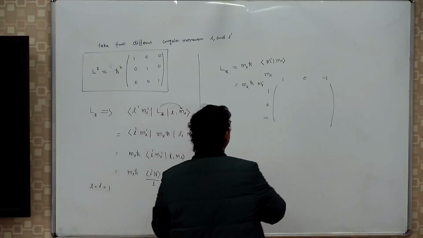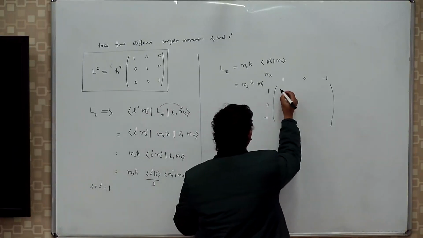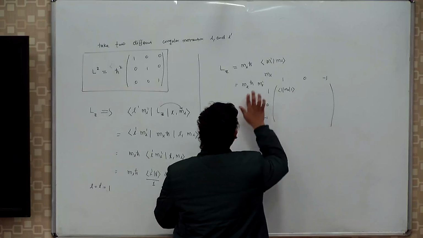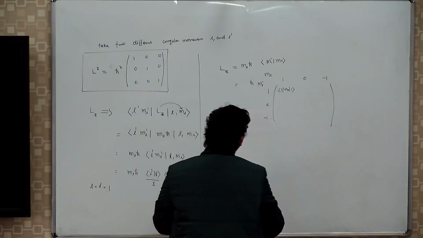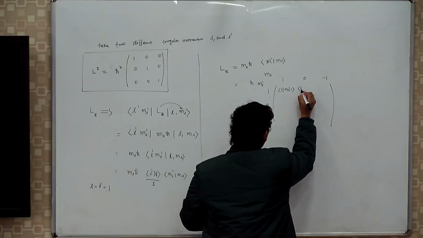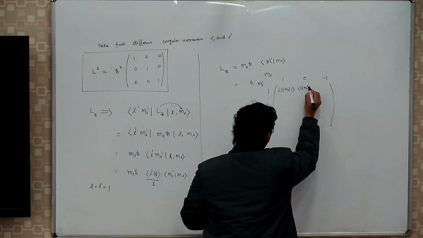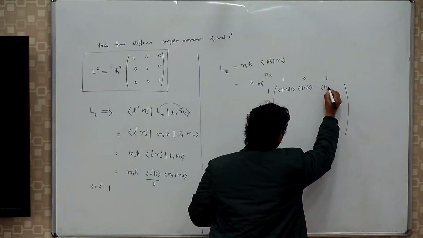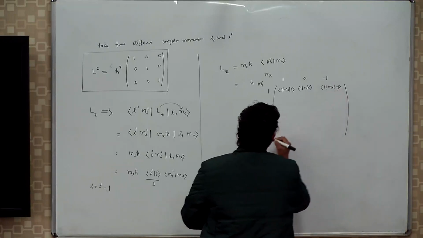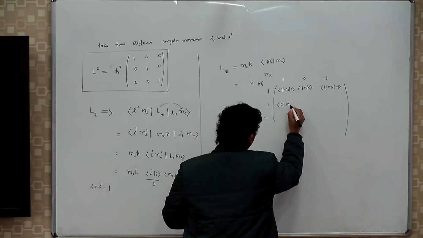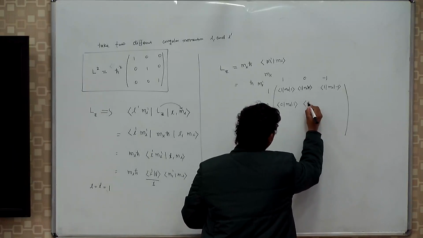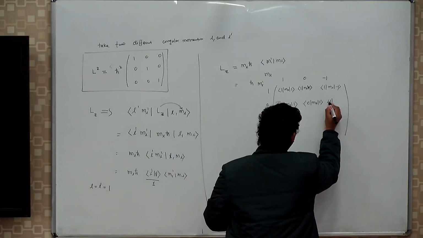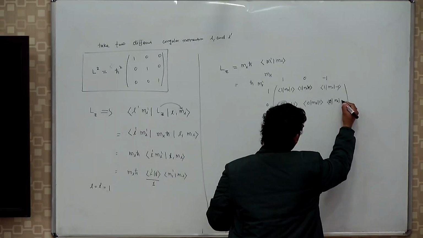Instead of writing like this, we can also write it with the inner products inside. The first row has ⟨1|m_l|1⟩, ⟨1|m_l|0⟩, ⟨1|m_l|minus 1⟩. The next row has ⟨0|m_l|1⟩, ⟨0|m_l|0⟩, ⟨0|m_l|minus 1⟩.